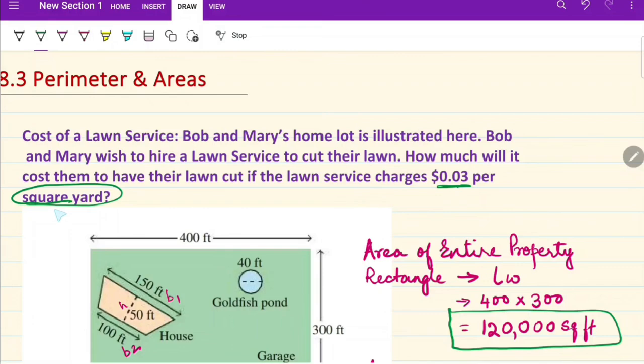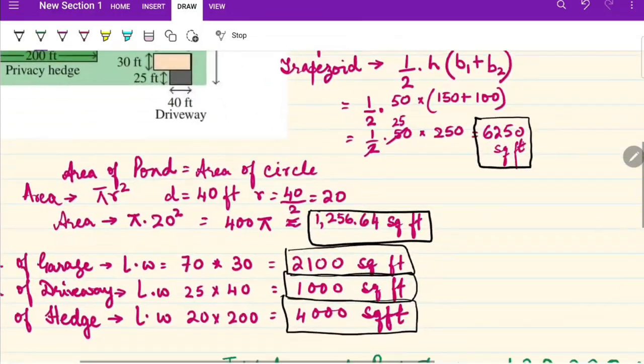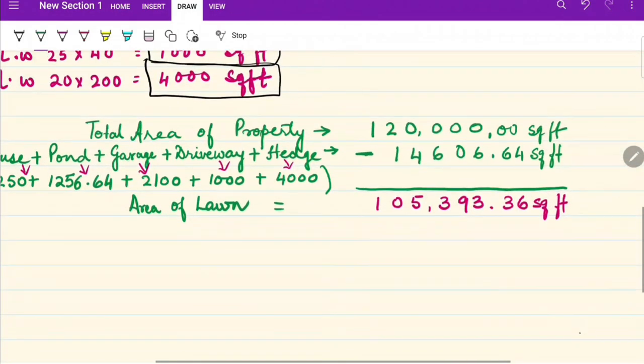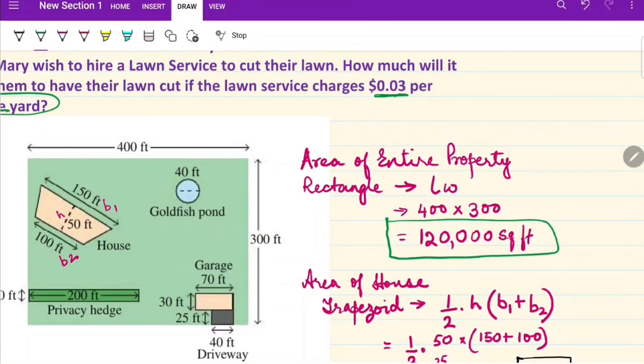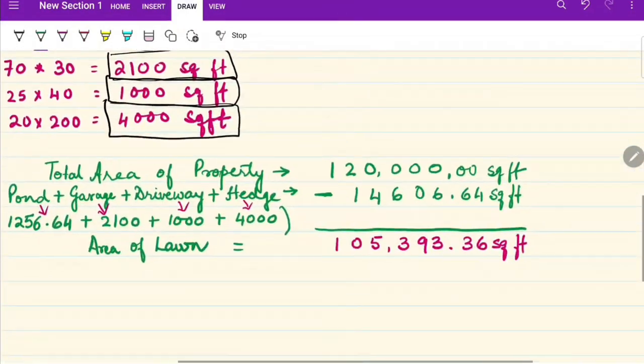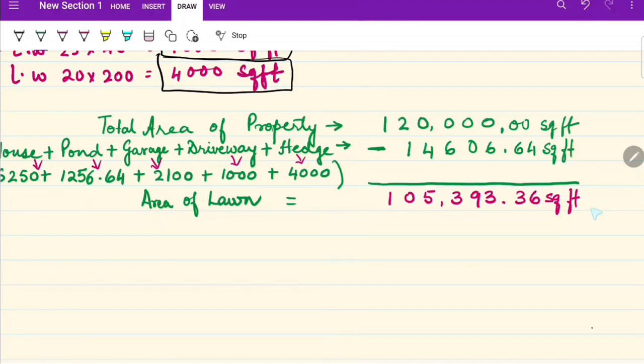Now note here that they've given us the price in terms of square yard. However, we found the area in terms of square feet because all the dimensions here were given to us in feet, correct? So the next step would be to convert this 105,393.36 square feet to square yards.